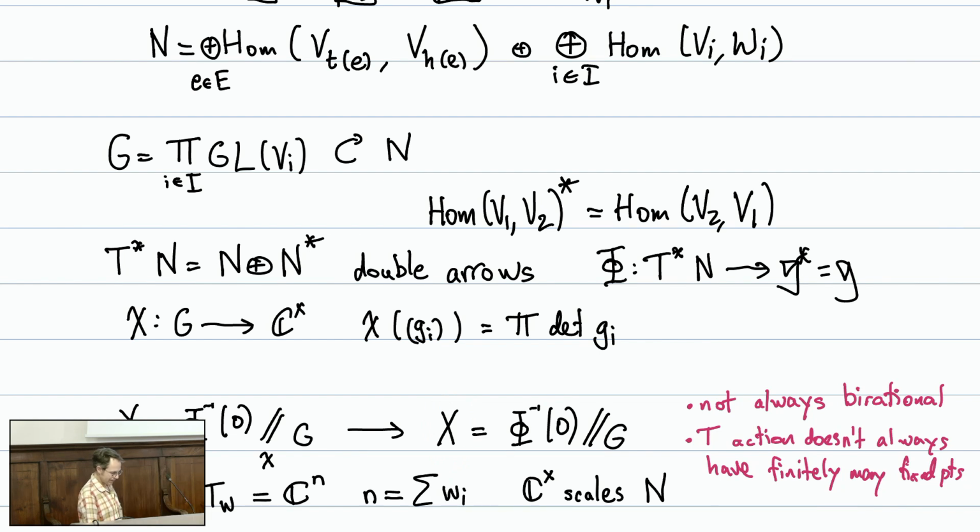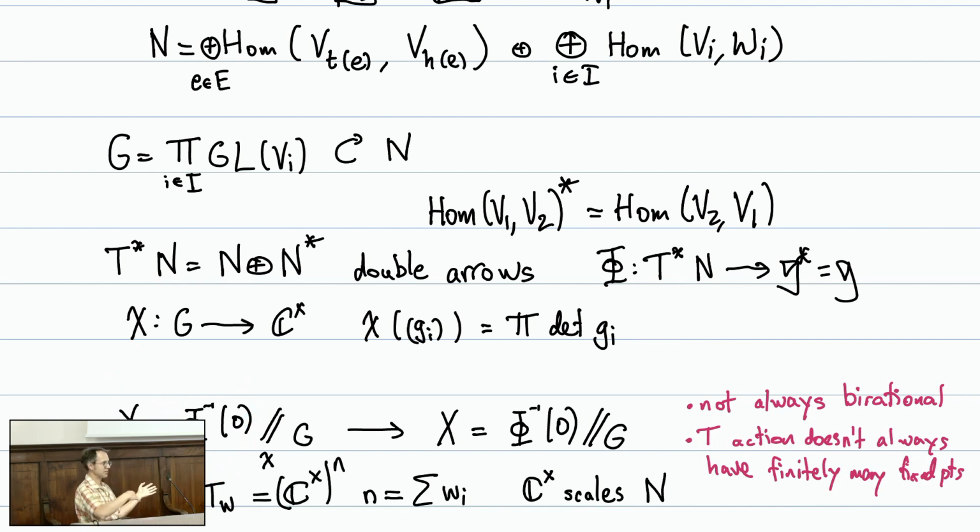On the other hand, I wanted that other action, that rotating action, that Hamiltonian torus action. And where does that action come from? Sorry. Remember those vector spaces W were also around, and I told you we were only going to take GL of VI's, not GL of WI's. But of course, the GL of WI's does act on n, on T star n, on phi inverse 0, and therefore on y.